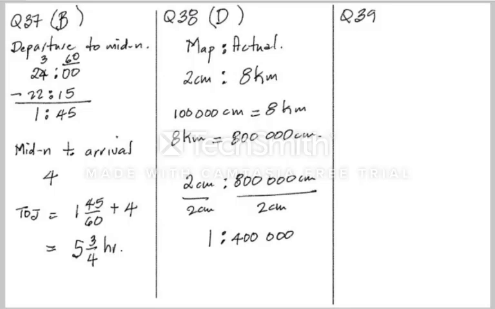Question 39 says the perimeter of a square is 56 centimeters. What is its area in centimeters square?